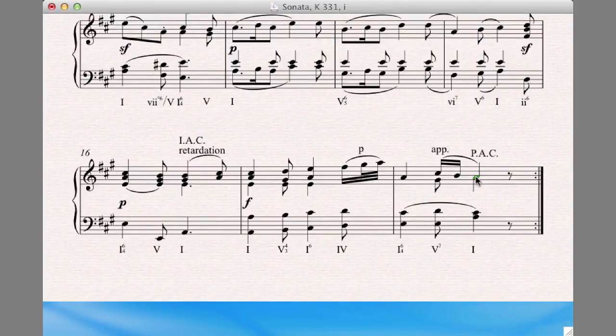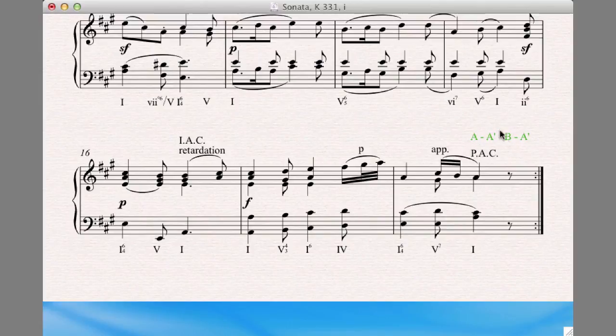If we look at the structure of the whole thing, we've got an A, then we've got A prime. Then we got this B, and we get the A prime again. And this is the form of the piece.